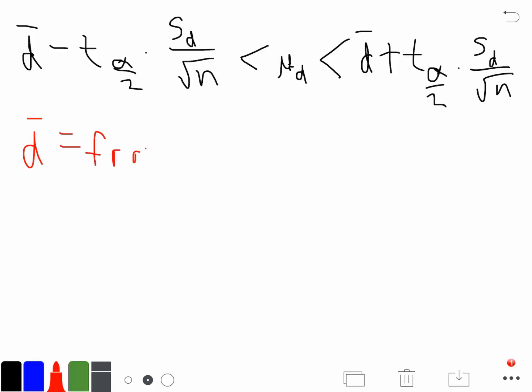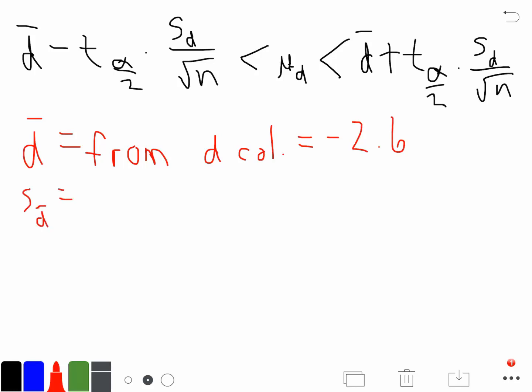D bar is the mean of all the differences. It's from that D row actually. I know I wrote column, but it's actually a row from left to right. So D bar would be -2.6.